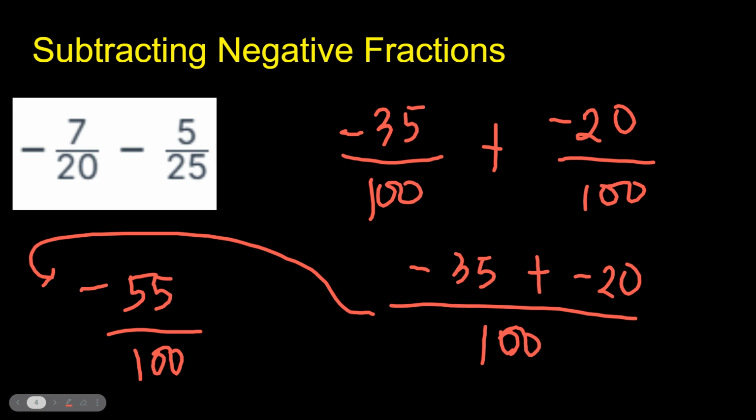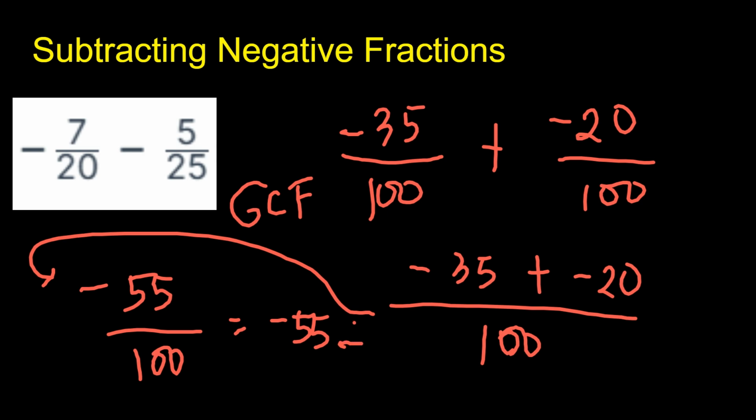Of course, if we can still remember our GCF. What is GCF? That is your greatest common factor. Now, by just looking at it, we can see that the greatest common factor between negative 55 and 100 is 5. So that means you can divide both your numerator and denominator by 5.